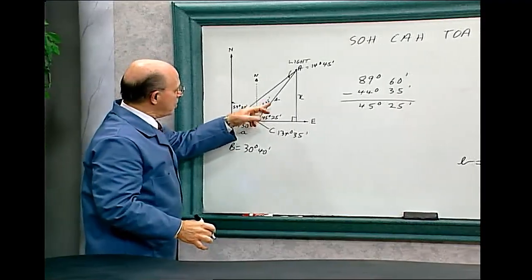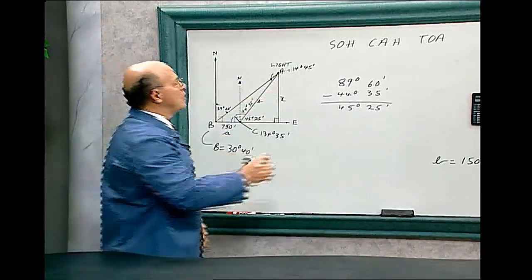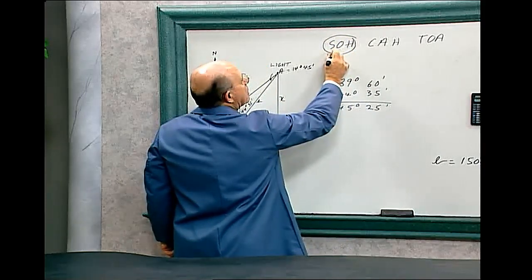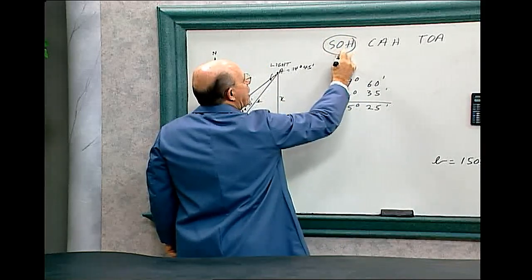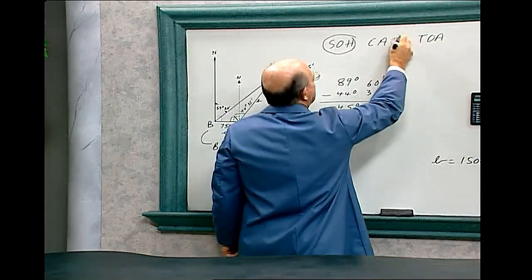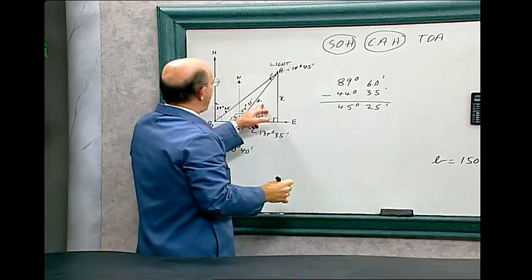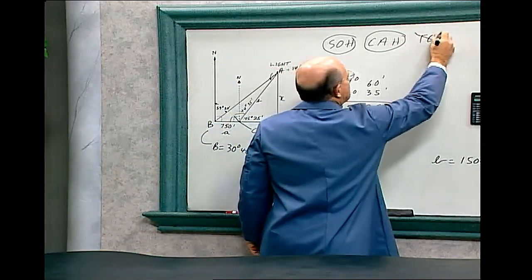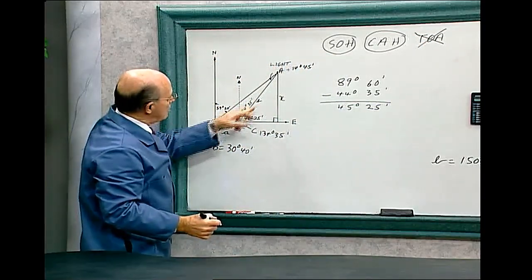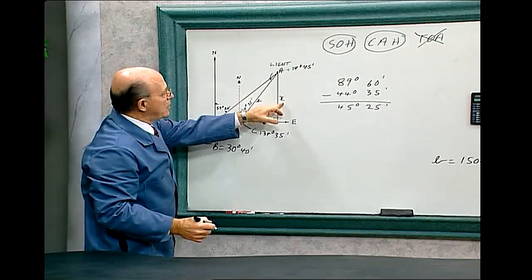So what do we have here? We know this angle, and we know the hypotenuse. So with SOHCAHTOA, we know it's going to be either sine equals opposite divided by hypotenuse, or cosine adjacent divided by hypotenuse. Either one of these two. Because you know the hypotenuse, so we're not going to be using the tangent. Now we want to find the opposite side, which is x over here.